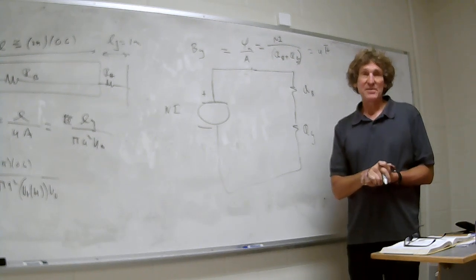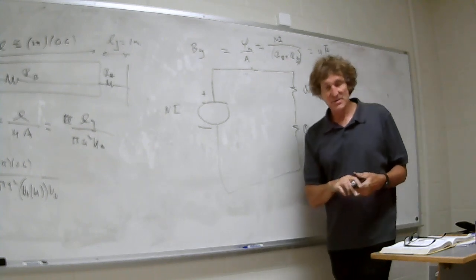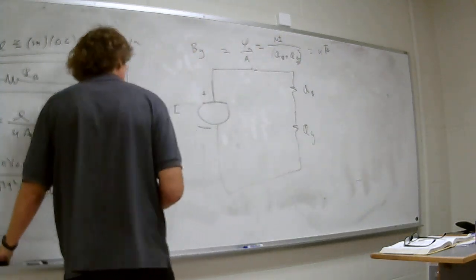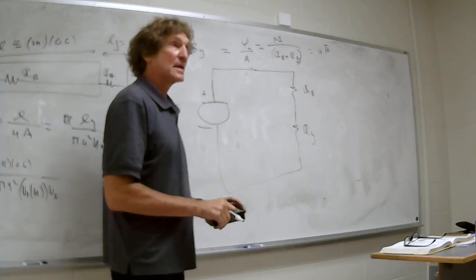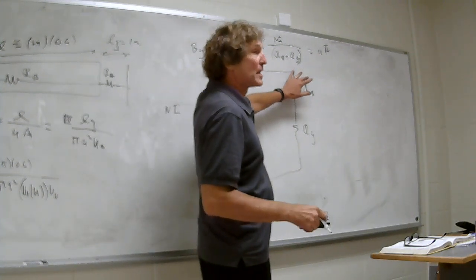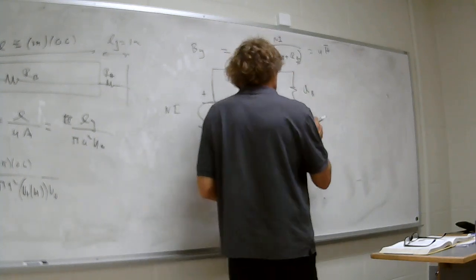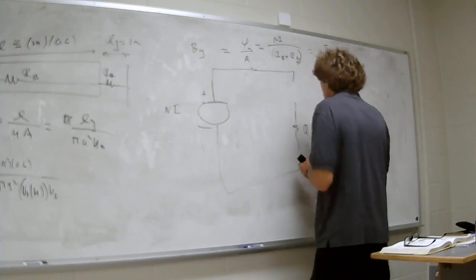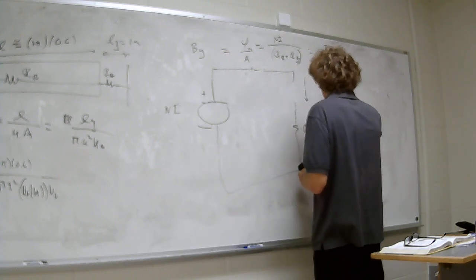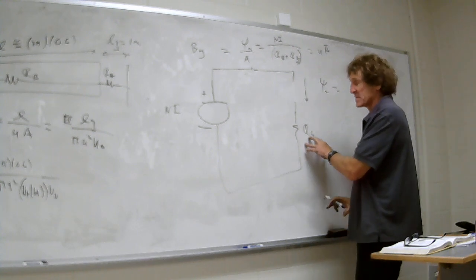I don't know how he does it in the book, but this is the way they do it. All right, now here's how you do it. You start by saying, let's assume that the bar has no reluctance at all. Everything's caused by the gap. And let's start by saying, what would this flux be right here if just the reluctance of the gap is there?